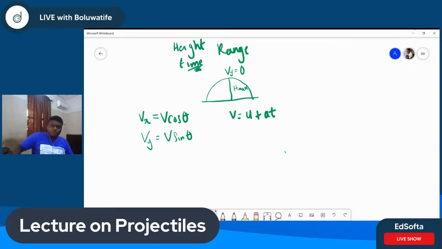Now, this u also, if I resolve it into vertical and horizontal components, I'm going to have ux equals u cos theta, and uy equals u sine theta. Remember I was talking about the y component.